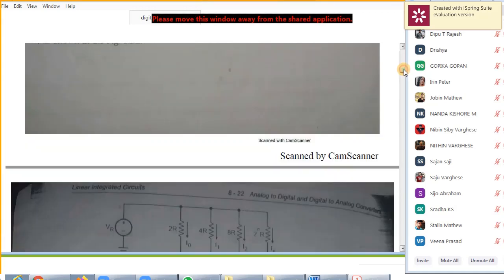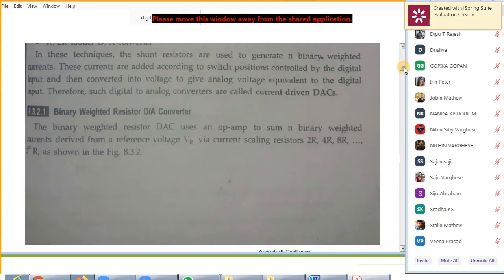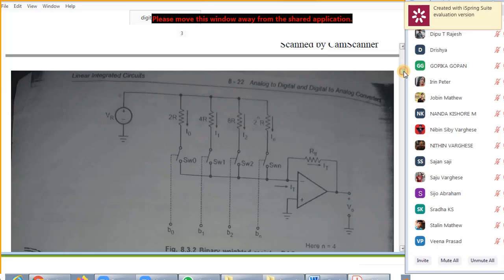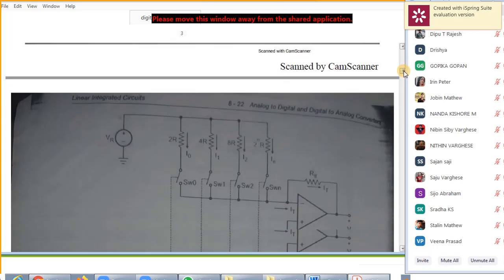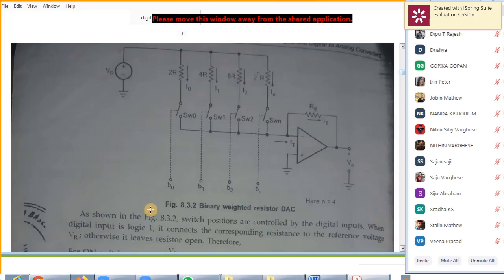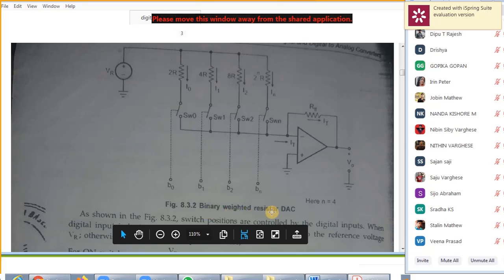So binary weighted resistor digital to analog converter. This is the diagram for the binary weighted resistor DAC. DAC means digital to analog conversion.